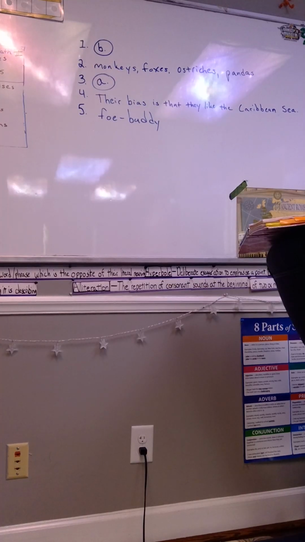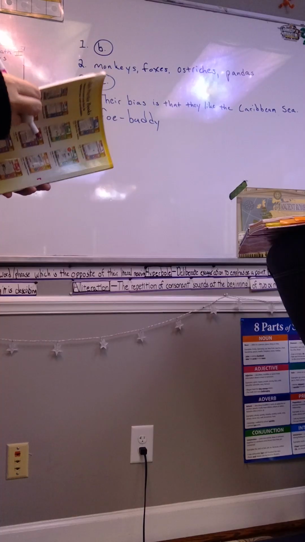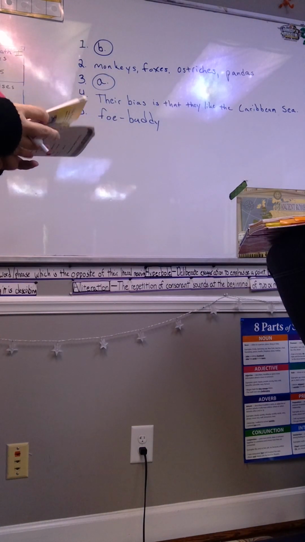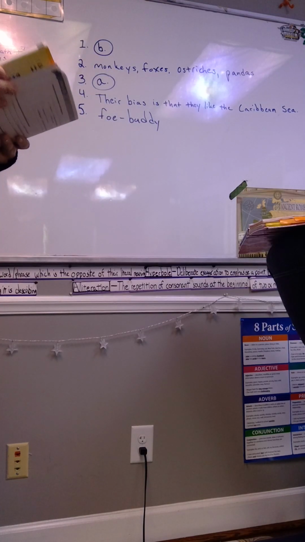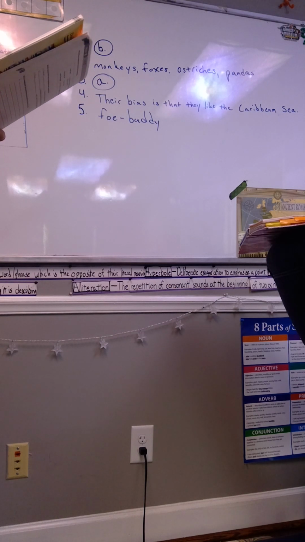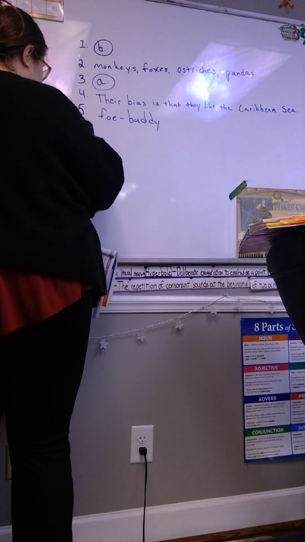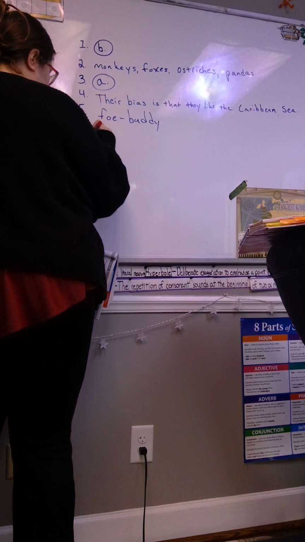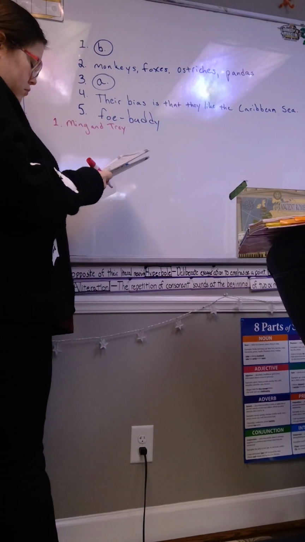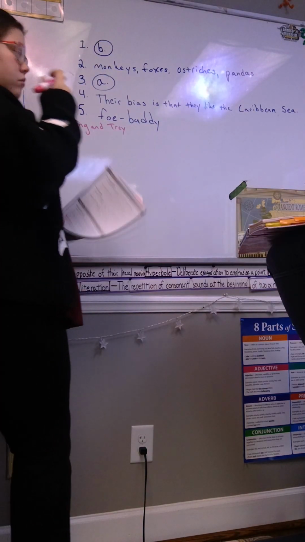Daily language review. Week 7, day 2. Ming and Trey, whom have been friends for years, were hiking between a cave. Who should be who? Okay, what else should happen after Ming and Trey? Should be a comma.